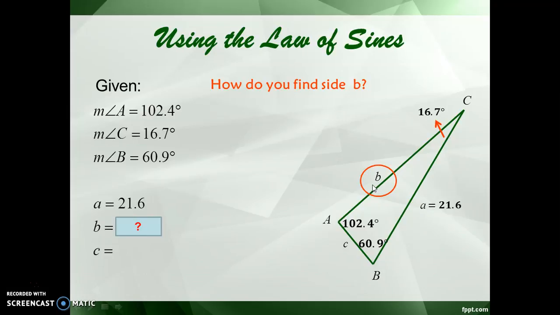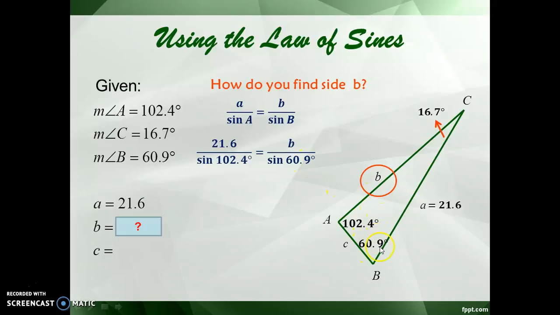It states that the ratio of a over sine A is equal to b over sine B. It follows that we have this formula: a over sine A equals b over sine B. And a measures 21.6 and angle A measures 102.4 degrees, and b is the missing part, and angle B measures 60.9 degrees.